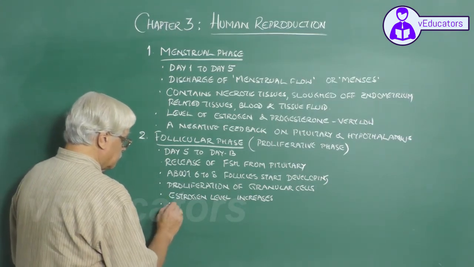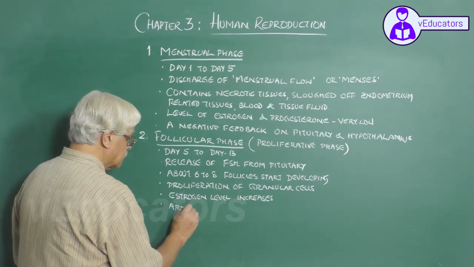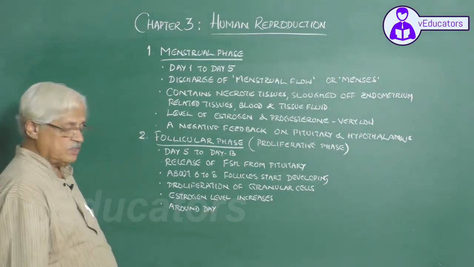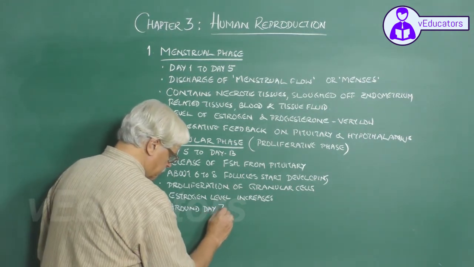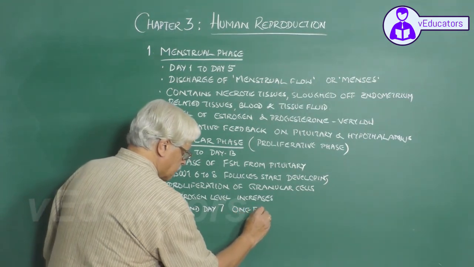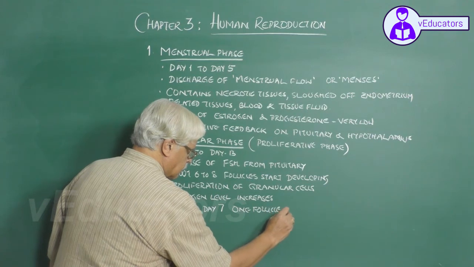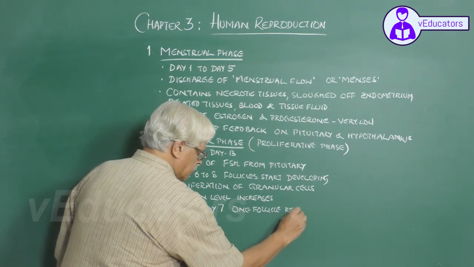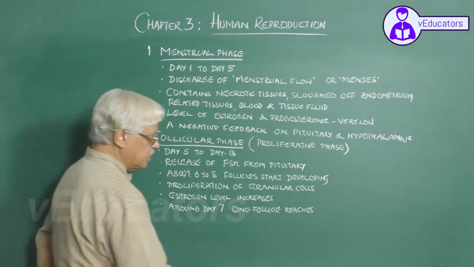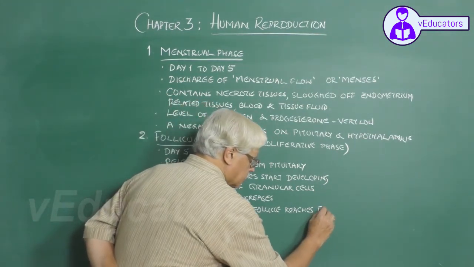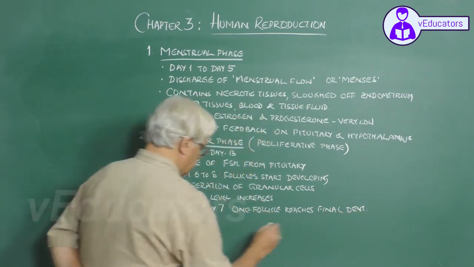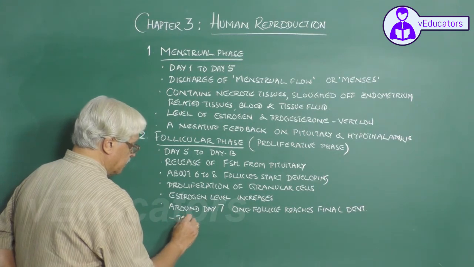Around day 7, one follicle reaches the final stage of development to become a tertiary follicle.